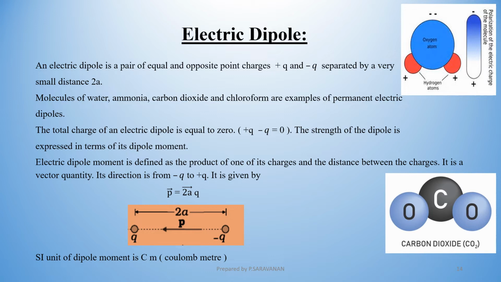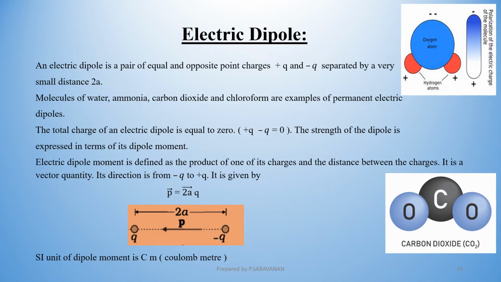It is given by p vector equal to 2a vector into q, where 2a is the distance of separation between the positive charge and the negative charge, and this 2a, the distance between the charges, is a vector quantity. The SI unit of dipole moment is coulomb meter.